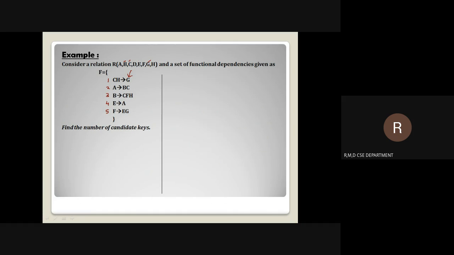In the third functional dependency, C, F and H are there. In the fourth, on the right hand side, A is there. And in the fifth, on the right hand side, E and G are there. So the only attribute that is not present in the right hand side of the functional dependencies is D. So clearly D will be a part of the candidate key.